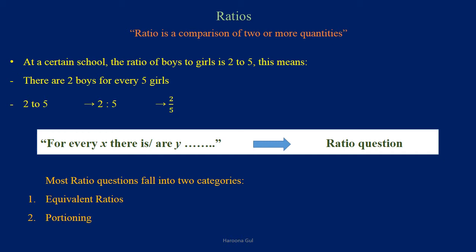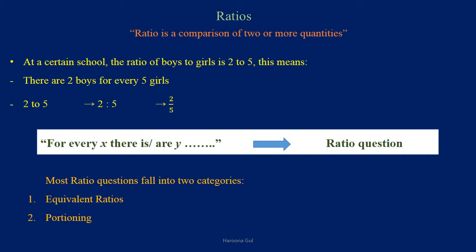This can be explained by an example: at a certain school, the ratio of boys to girls is 2 to 5, which means there are 2 boys for every 5 girls. It can be written as 2 to 5, 2:5, or 2/5.